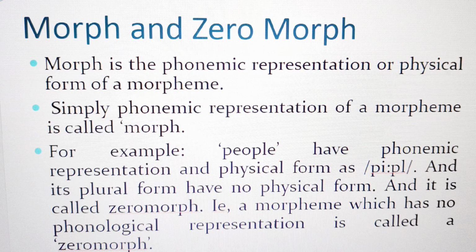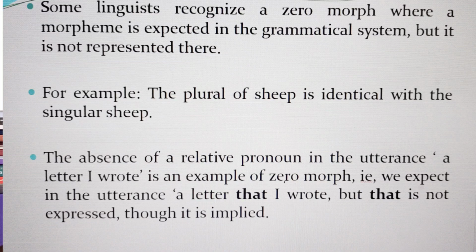Some linguists recognize a zeromorph where a morpheme is expected in the grammatical system but is not represented there. For example, the plural of sheep is identical with the singular sheep. The absence of a relative pronoun in the utterance "a letter I wrote" is an example of a zeromorph.